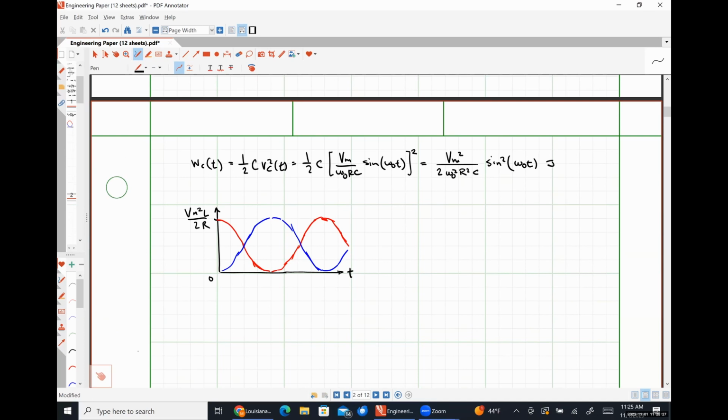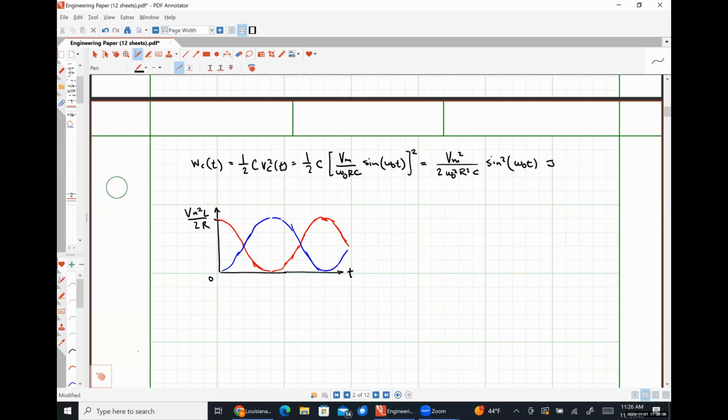Okay. So let's talk about what's going on with this energy storage. Effectively, we have almost like an electrical pendulum. When our inductor's energy is at its maximum, our capacitor's energy is at its minimum. As the inductor starts to lose its energy, the capacitor starts to gain whatever energy was lost, until we get to this point here, where all of the energy that was stored by the inductor has been given up to the capacitor, and then that cycle occurs over and over again.